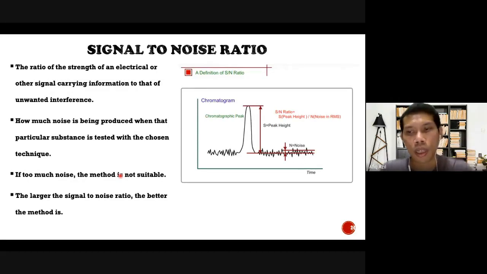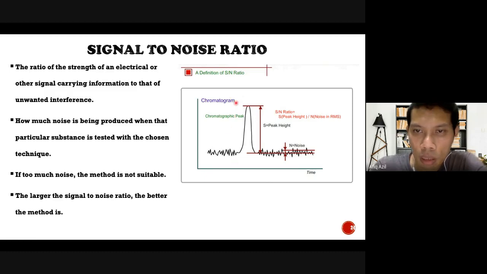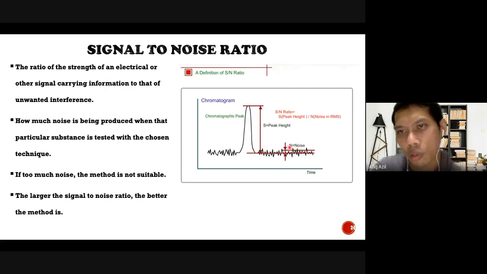So this is the signal to noise ratio. This is a term that is most common for analysis that gives you results in terms of peaks, like an IR spectrum, UV spectrum, or chromatogram. It is basically the ratio of the strength of the electrical signal for your sample to the unwanted interference, which we call noise.